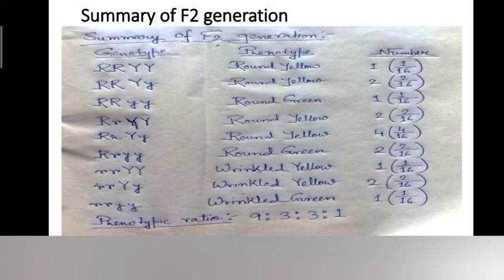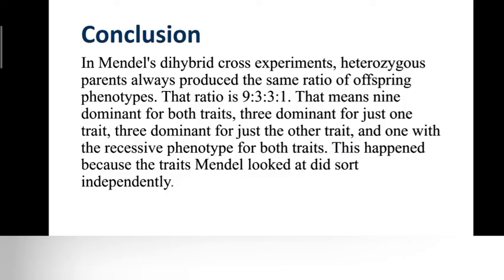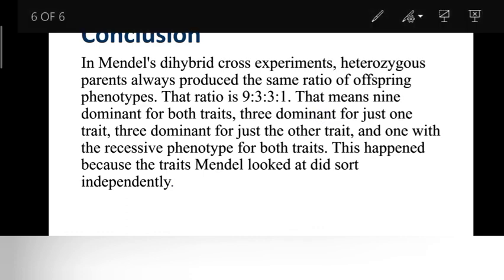So we can conclude that in Mendel's dihybrid cross experiment, heterozygous parents always produce the same ratio of offspring phenotypes. The ratio is already discussed, already told, that 9:3:3:1.